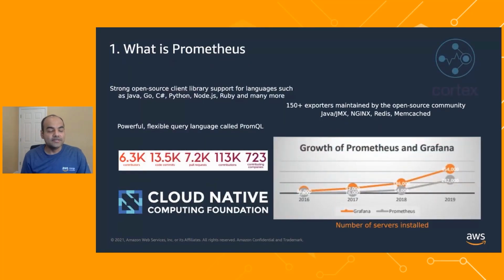So what is Prometheus? Prometheus is one of the most popular Cloud Native Computing Foundation, CNCF, projects. It is being used by many customers for use cases like metrics from Kubernetes. As you can see, Prometheus is very popular in the community, with over 150 exporters which can export metrics to Prometheus.